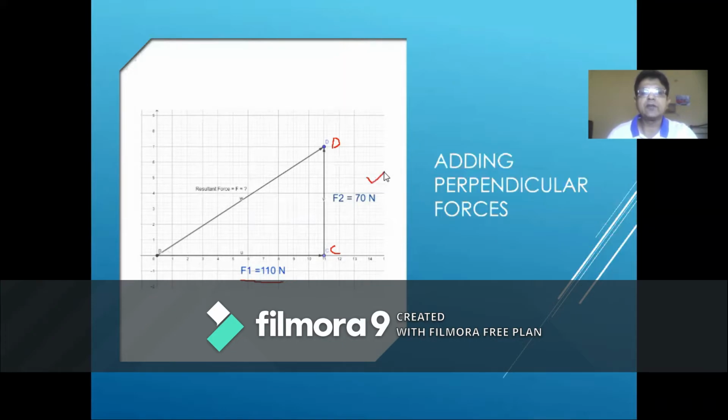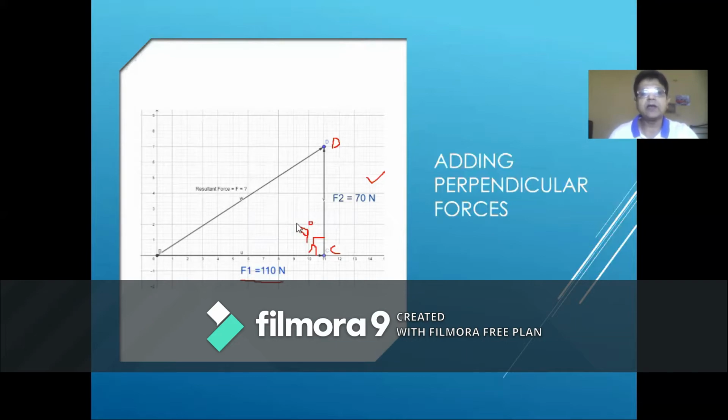F2 is 70 Newton and F1 is 110 Newton. So the F2 force is perpendicular to F1 as it makes a 90-degree angle with the F1 force. When the angle is 90 degrees, it means it is a perpendicular force.